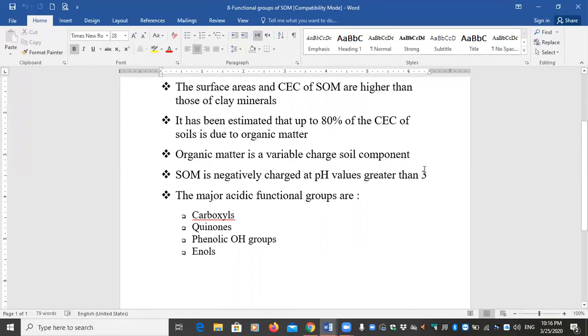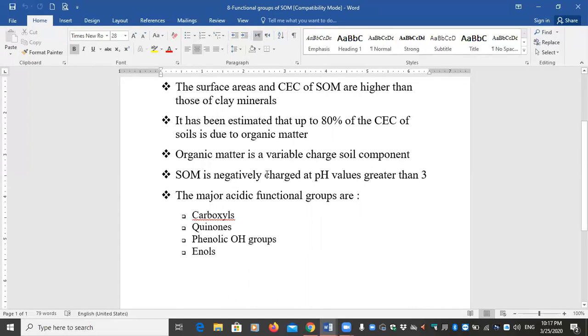No agricultural soil will ever have a pH of around 3. Most agricultural soils have to have a pH above 6 so that you can produce crops in them. So that means the soil organic matter in all agricultural land will be negative.